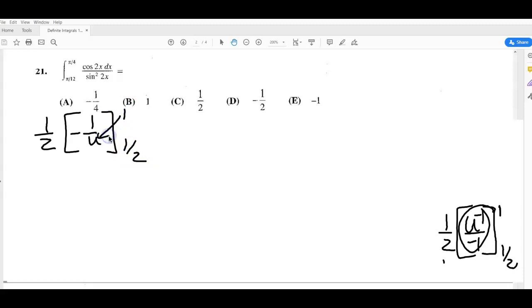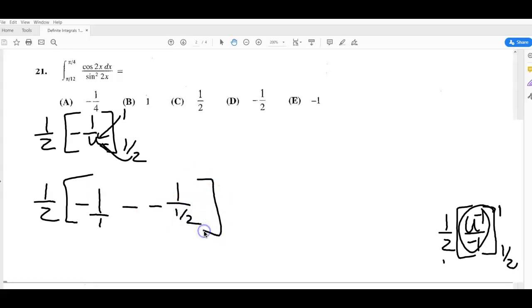So I'm going to plug in 1 there. Get negative 1 over 1 if you do that. Minus, plug in your half. That's interesting. 1 over a half. What the heck is that, right? We talked about those a little bit earlier this year. First of all, double negatives is positive. Second of all, the way that I taught you guys to deal with these complex fractions is just to multiply this fraction by 2 so that that cancels.